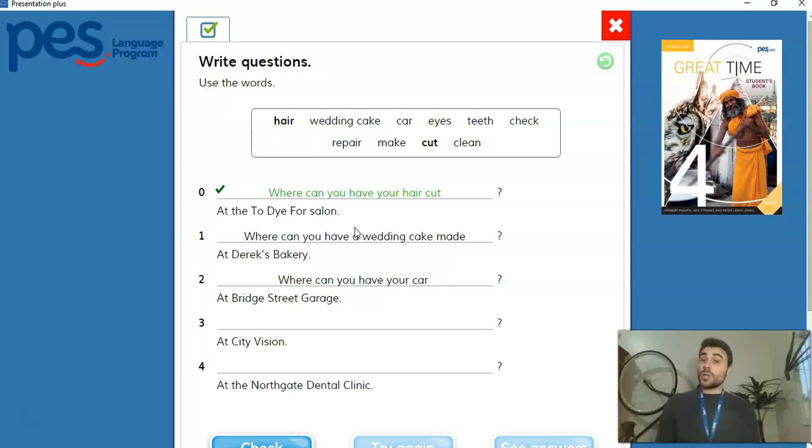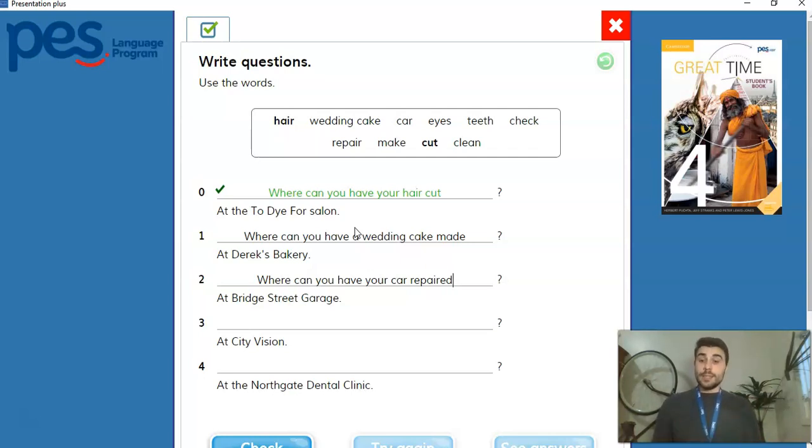But thinking about the other options, I do believe that here we're talking about repairing, because can you repair eyes? Maybe, but not so common. Teeth? Maybe, but not so common as well, right? So I'll go with repair. So, repaired. Because repair is a regular verb and the past participle is with ed.